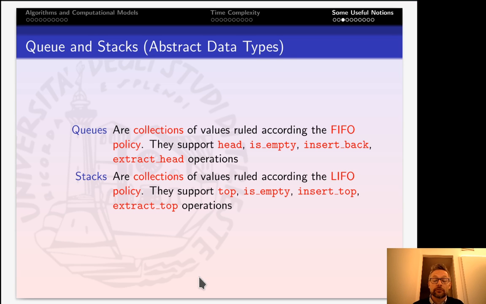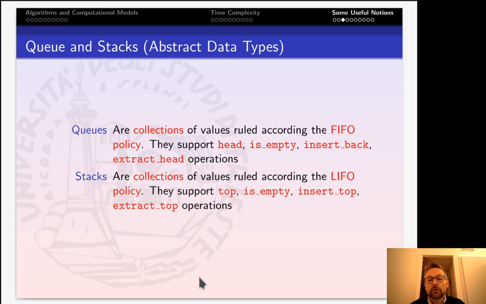Other two quite relevant abstract data types are the queue and the stacks. So a queue is basically a collection of values ruled by a FIFO policy. So what I mean by a FIFO policy, I mean first in, first out.